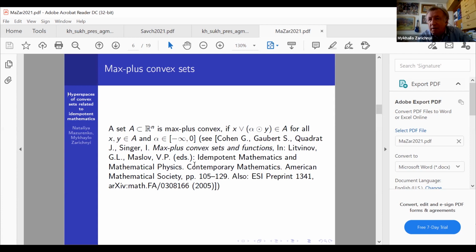and I think, as I see, some talks will be related to this part of mathematics. So I say a few general words. Our standard traditional mathematics deals with the field of real numbers R. But if we replace one of the two operations, say multiplication or addition, by an idempotent operation, we obtain the so-called idempotent mathematics.